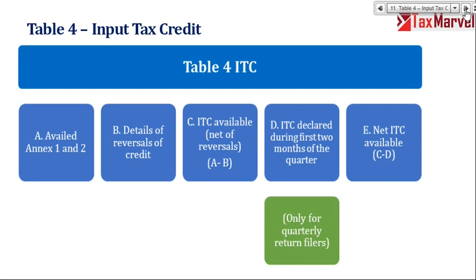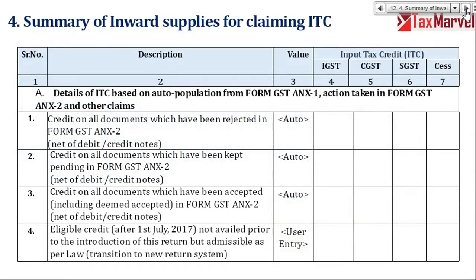So month 1, month 2 of the quarter he has reported some kind of input. So total input available minus the 2 months' input, the total will be your 3 months' input, right? So that D is only for quarterly filers, D is not for your monthly filers, because for monthly filer it is only A, B and C, right?